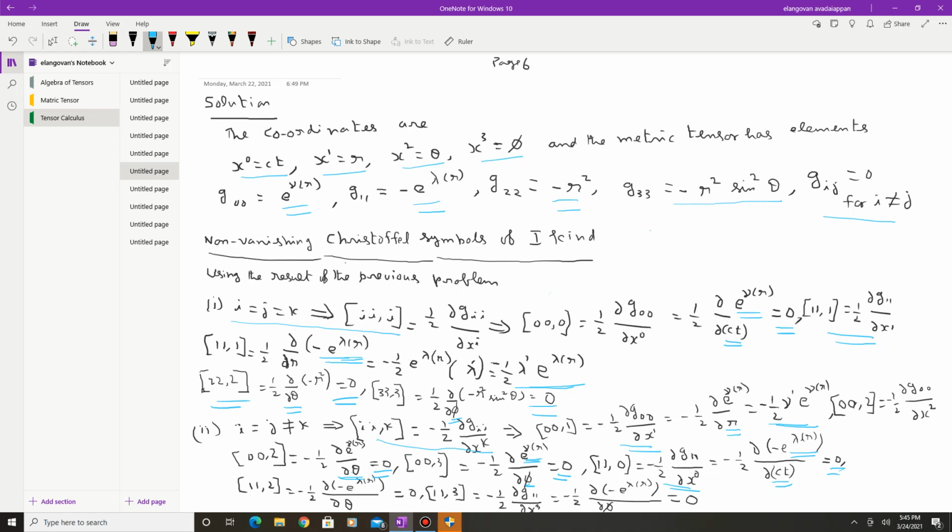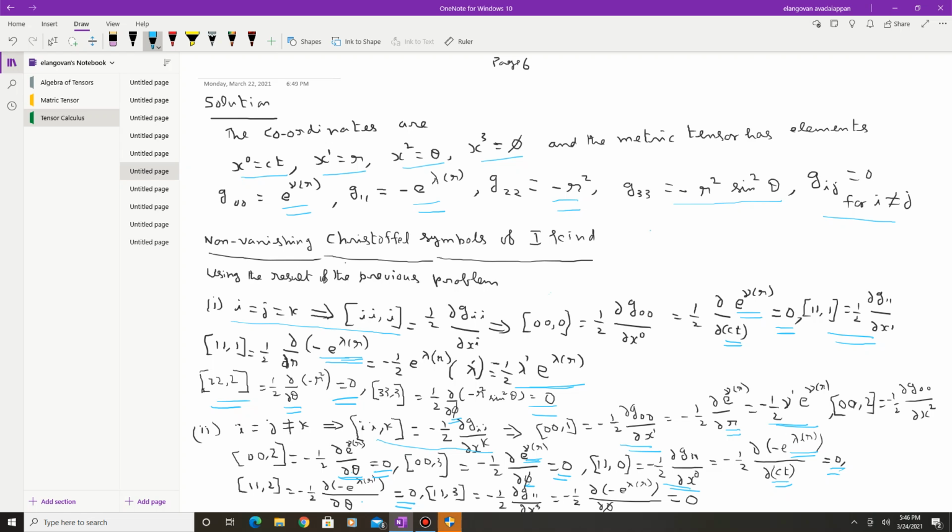[1 1, 2]: if you use the result and substitute here, g11 is e^minus lambda of r, and this is d theta. Since this is independent of theta, there is no theta term here, so if we differentiate, this will be 0. [1 1, 3] is half d g11 by dx3.